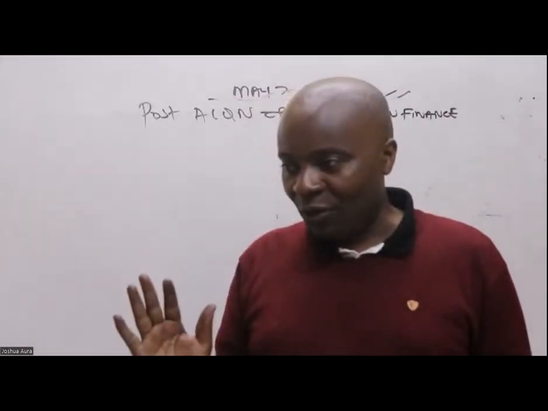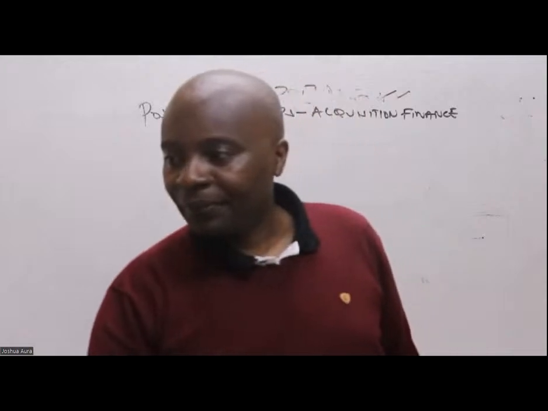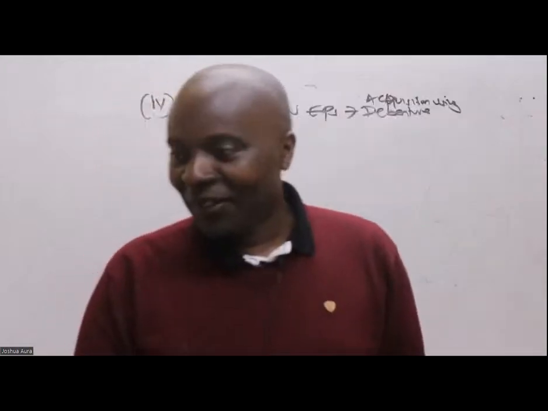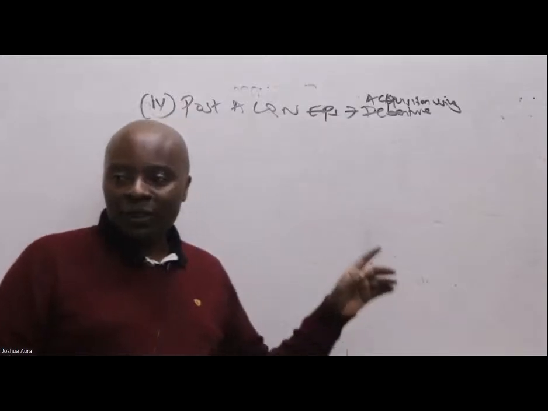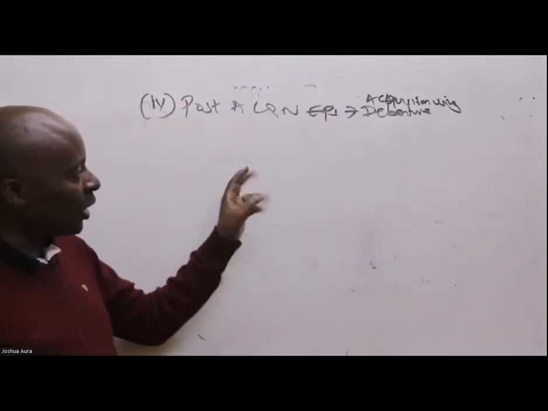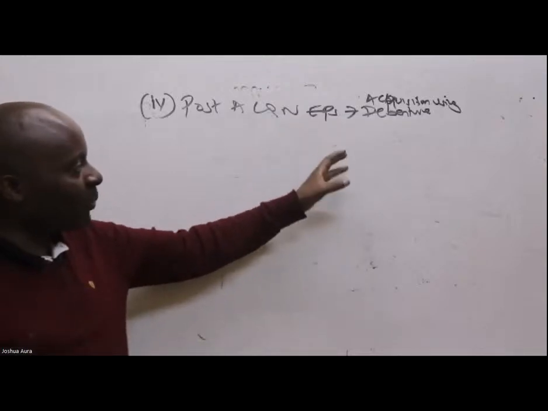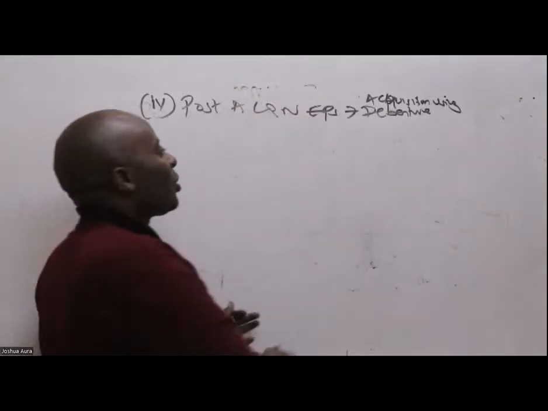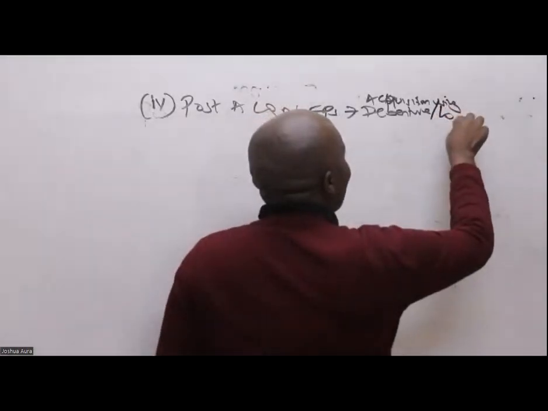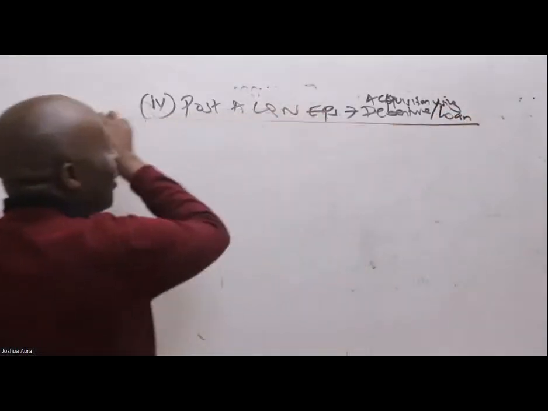In Roman 4, they want us to give post-acquisition earnings per share when we have acquired the target company using a loan.